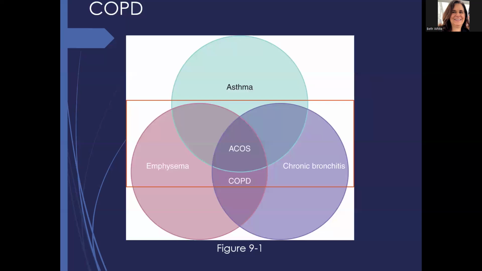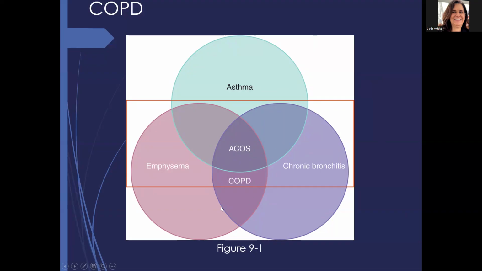This slide shows how those disease processes interact with each other. Chronic obstructive pulmonary disease is comprised of subsets of those individuals that have dominant features of three main obstructive lung diseases: chronic bronchitis, in the purple over here, emphysema in the red, and asthma, which is in the teal color.